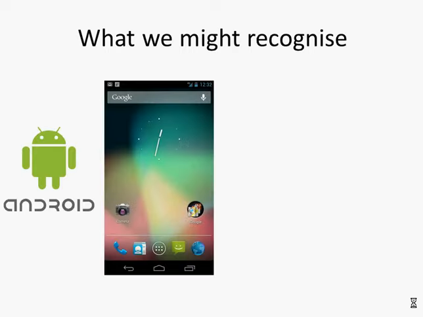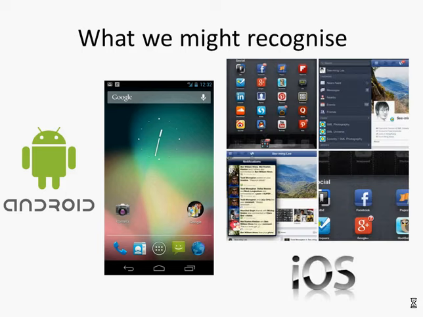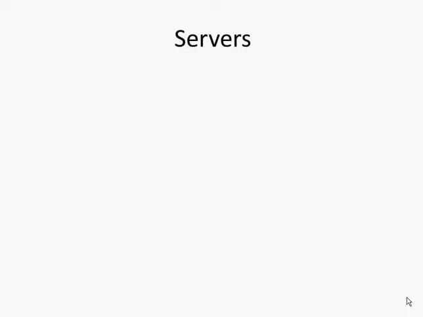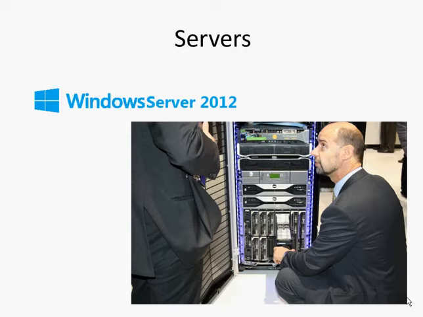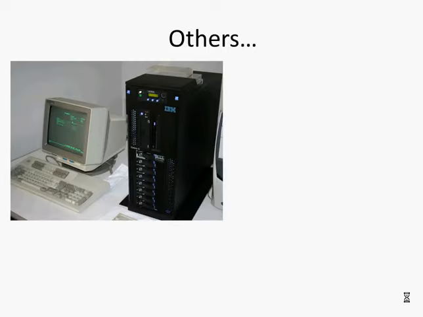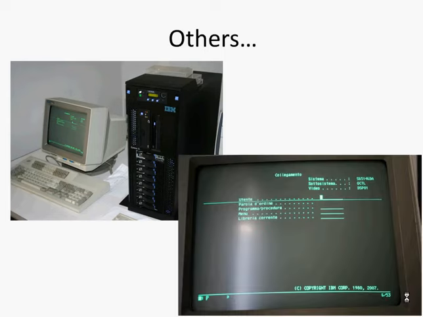We'll certainly recognise operating systems for smartphones such as Android or iOS for the iPhone. You may have had experience with server versions of operating systems, or even some older user interfaces for operating systems, such as IBM AS400.